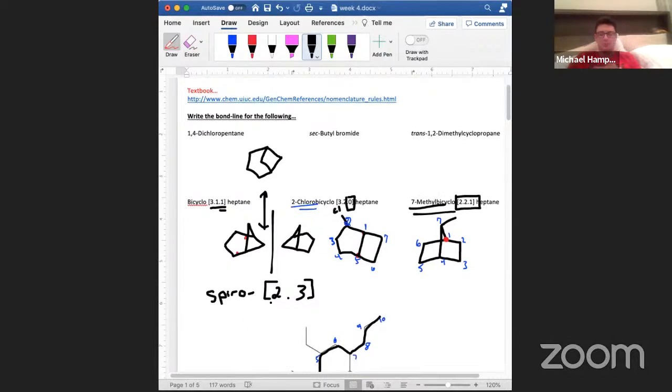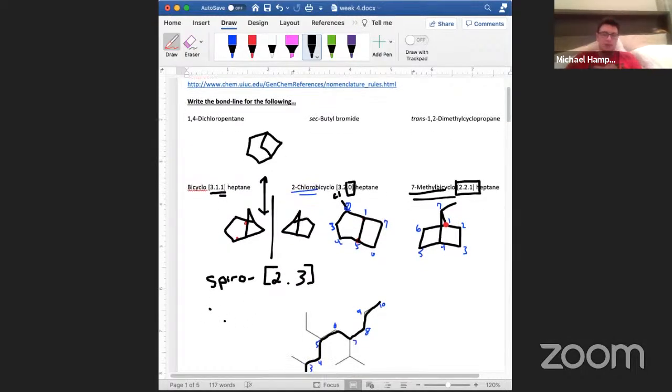The reason is that when you're given a spiro molecule, you number the smallest side first.